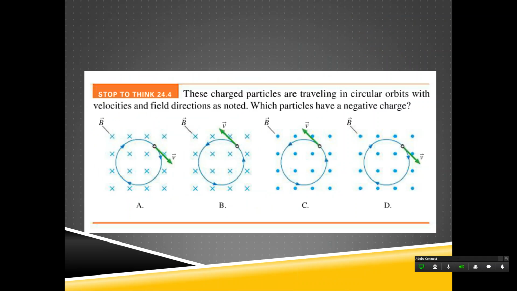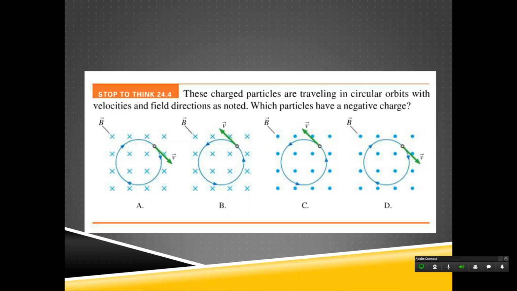Based on what we know, we can figure out that these objects undergo circular motion. Right? So we have their instantaneous velocity, and their force is perpendicular to their velocity, which makes them go in circular motion. Now, based on that idea, which one of these would be true?